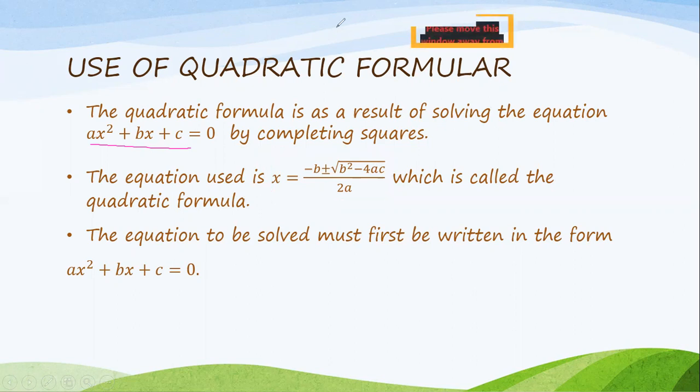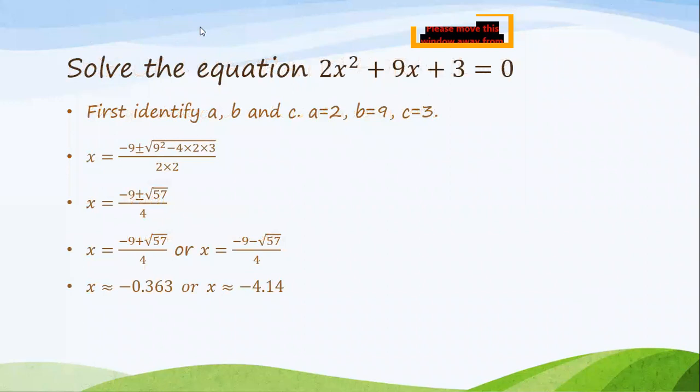Let's look at an example. We are solving this equation here, so we just need to identify a, the coefficient of x squared, b, the coefficient of x, and c, the constant. That means b equals 9 and c equals positive 3.